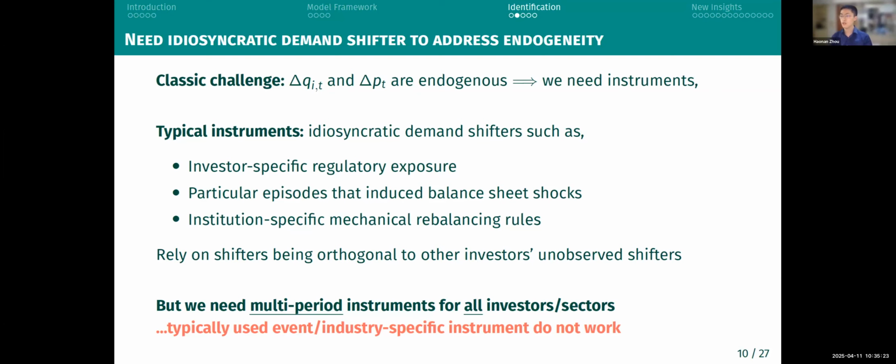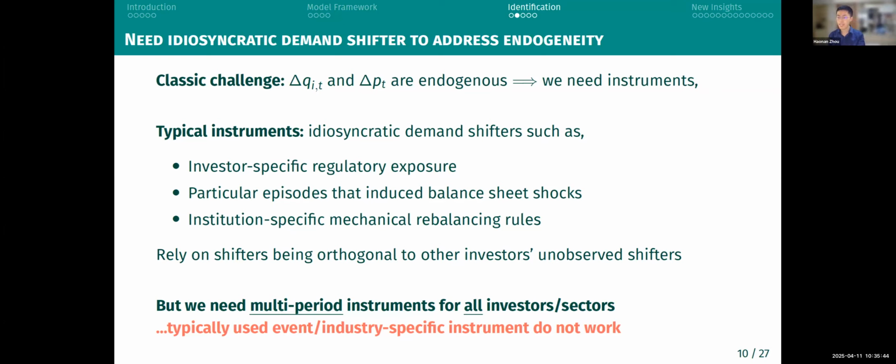And in order to estimate these, we need some exogenous variations. You can think of these exogenous variations typically as representing some sort of residual supply curve shifts. So I'm investor A, and I need to use some idiosyncratic demand shock coming from investor B to help me identify investor A's demand elasticities.